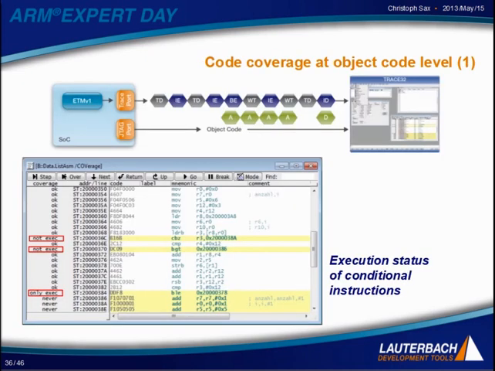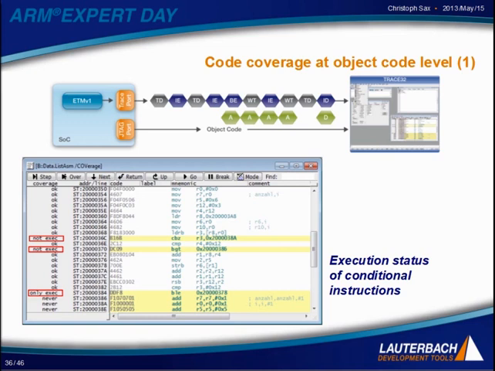To show or prove code coverage at the object code level, we use the trace information and the object code information which resides in the memory of the target, and we then have something like this. We have the memory addresses, we have the machine code instructions, and for each machine code instruction we have a flag for the execution status derived from our trace data.